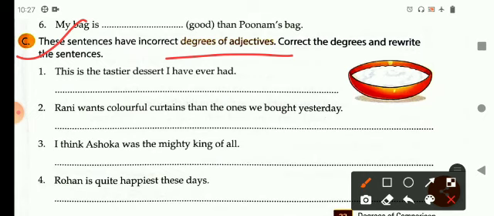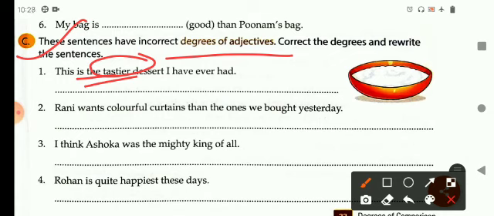So here, tastier is the wrong one, used with the. We know that the is always used with the superlative degree. So here we will write the sentence again by using the superlative degree. This is the tastiest dessert I have ever had.